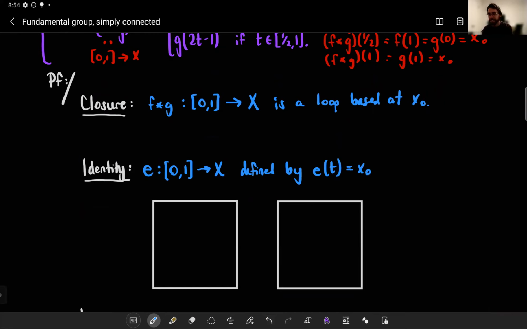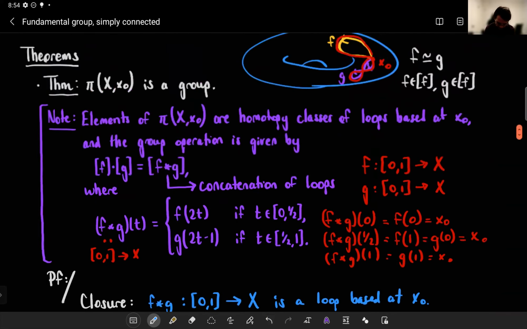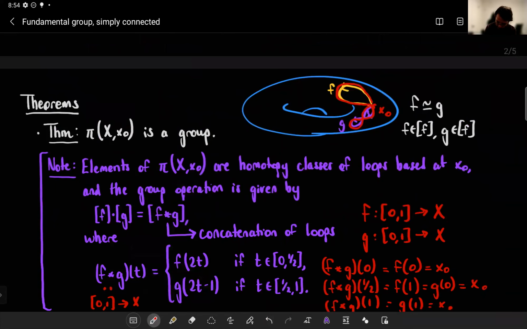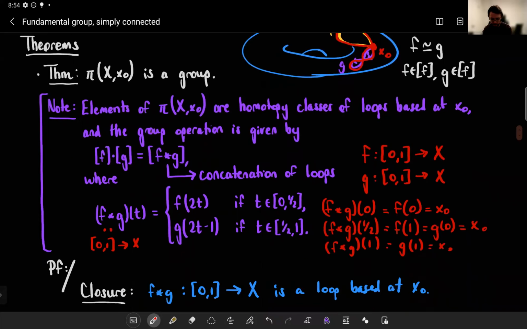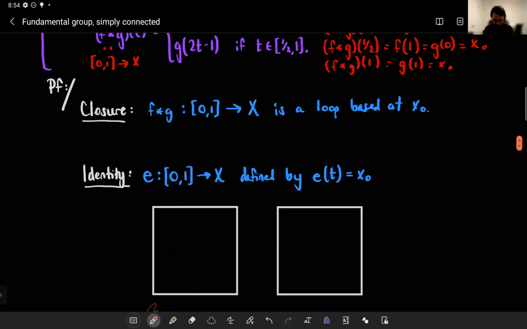So the identity loop is the loop that does nothing. Imagine it saying, okay, I start at x0 and I sit there forever. Well, I sit there for 1 second, I guess, as time runs from 0 to 1. And then I end at x0. Ta-da, I'm a loop. Constant maps like that are continuous by nature. So it's guaranteed to be a loop. Great.